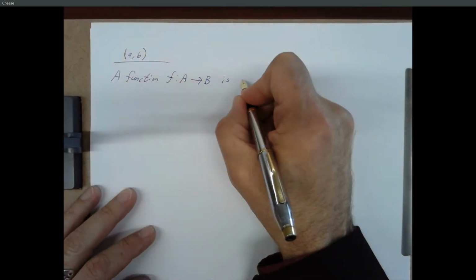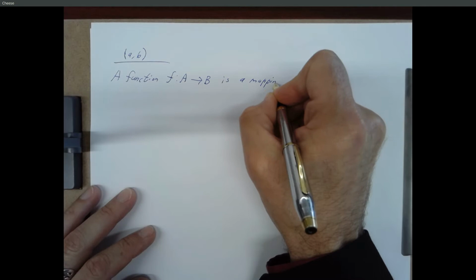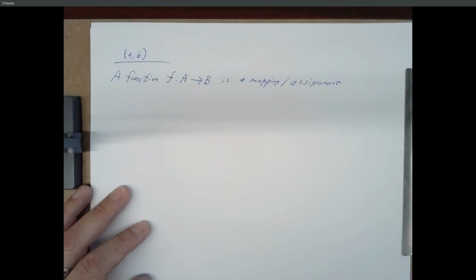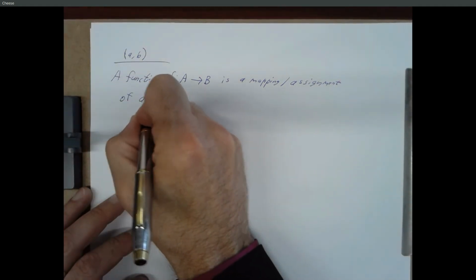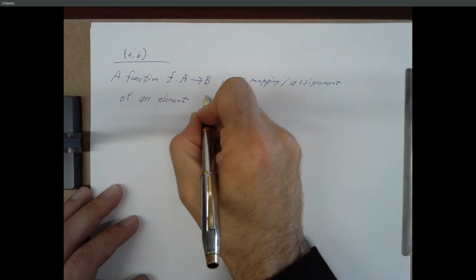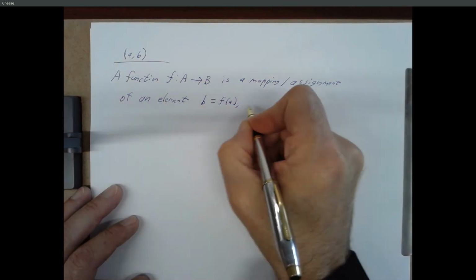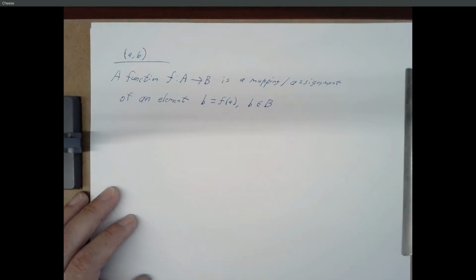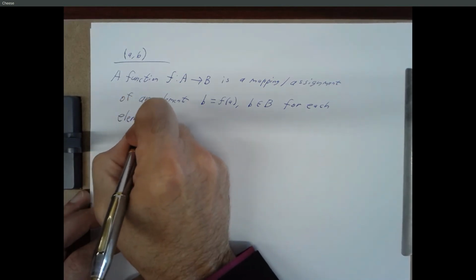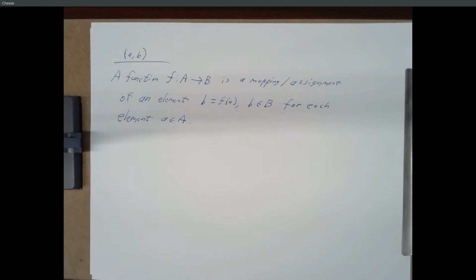And so this is a mapping, or an assignment, or maybe an association of an element B, which we write as f of A, where B is contained in big B, for each element A contained in big A. So the straightforward way of saying this is, for every element in A, we have an element in B associated with that A. It doesn't have to be unique.